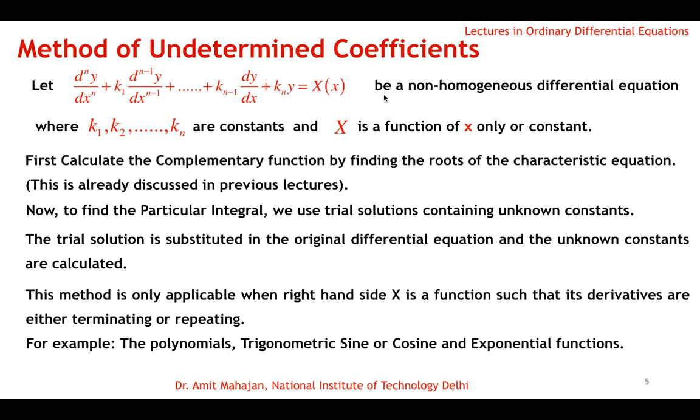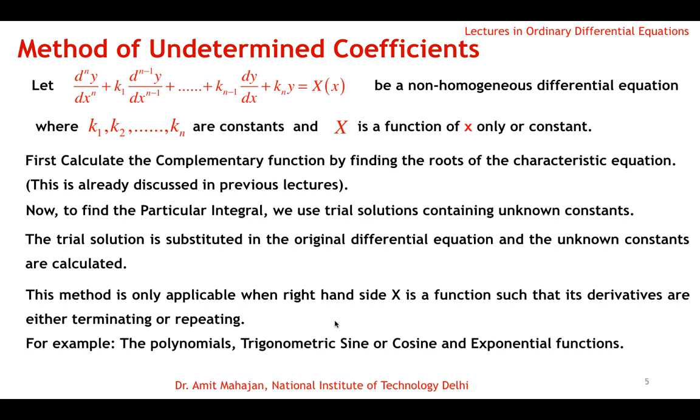The same function is repeating. So only for such functions, where the derivatives of capital X are either terminating or repeating, can we use this method of undetermined coefficients and use trial solutions for those functions.